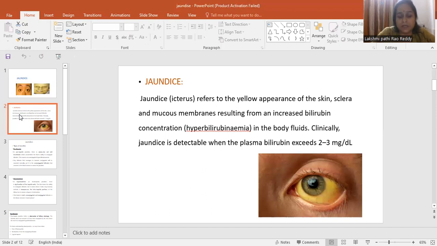Clinically, jaundice is detected when the plasma bilirubin level exceeds 2 to 3 mg per deciliter. In the upcoming slides, we'll see what bilirubin is.